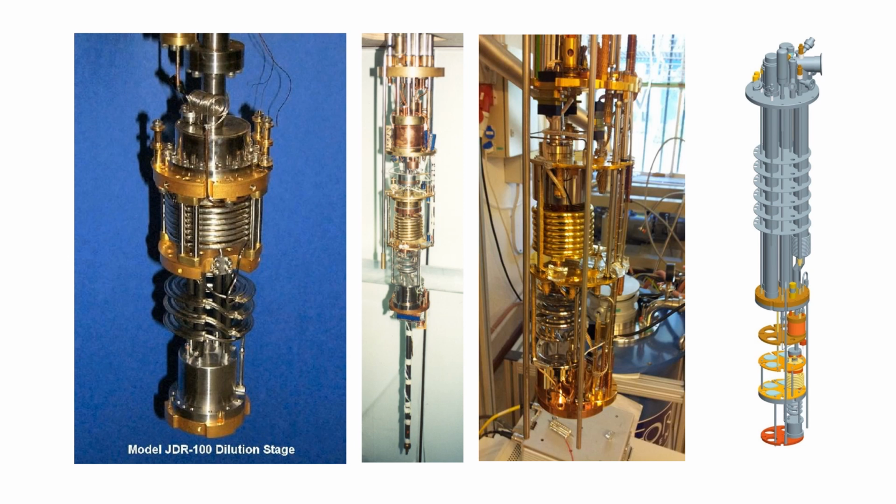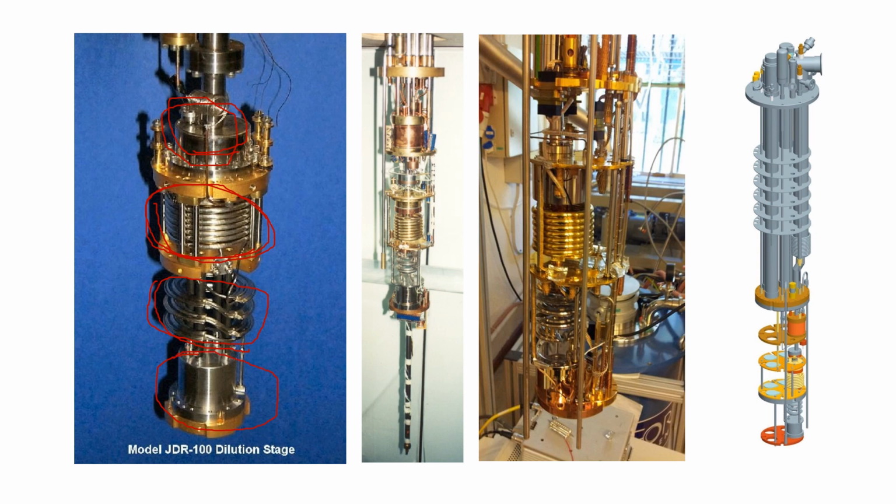This slide shows some examples of dilution refrigerators. You can see here there is a helium-4 pot. This is the continuous heat exchanger, and we have 3 step heat exchangers. This is the mixing chamber.